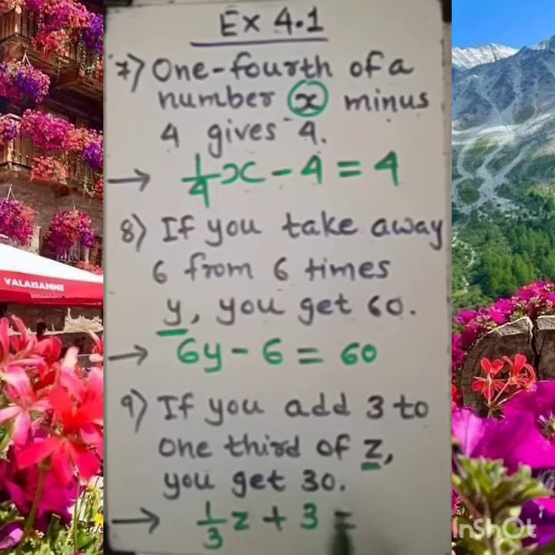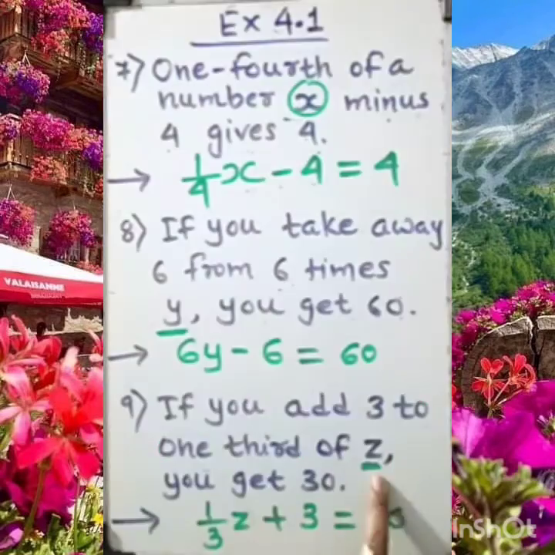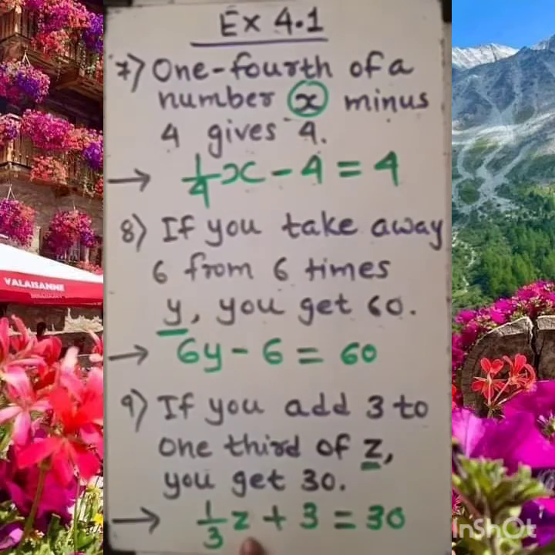So the result is 30. Once again I am explaining: 1/3 of z plus 3 gives the result 30. So the equation will become 1/3 z plus 3 equal to 30. This is question 4 complete here.